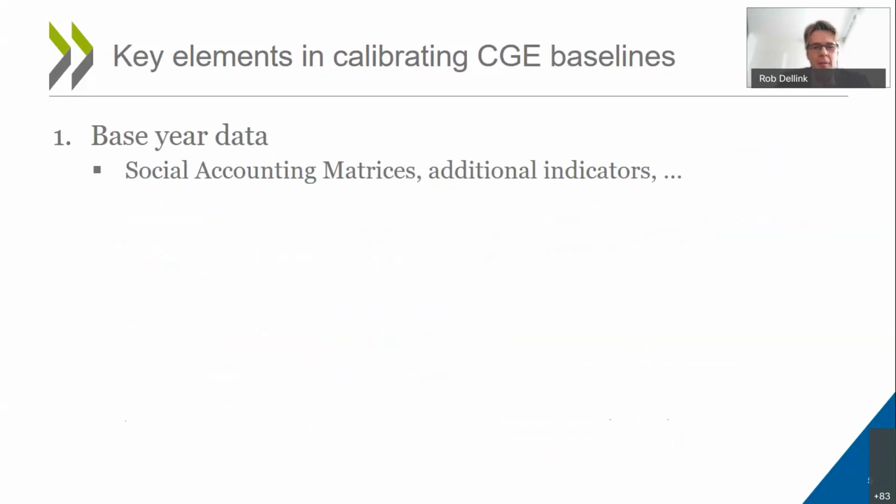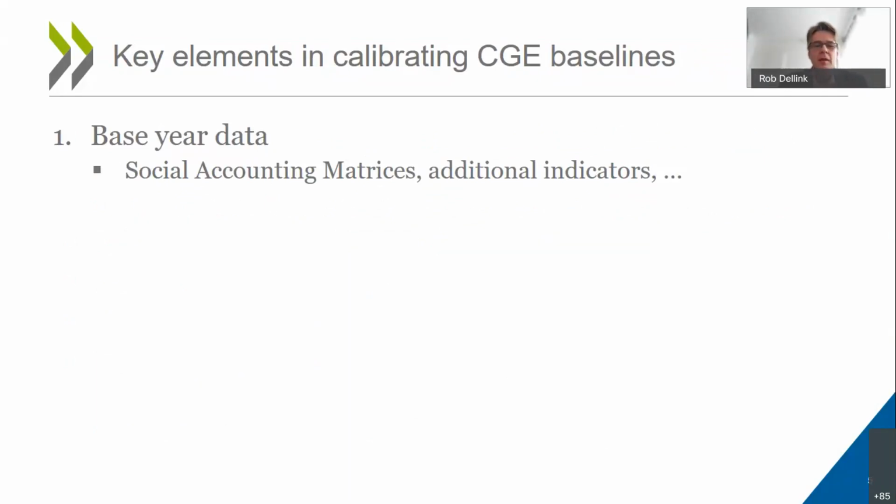So what are the key elements in calibrating CGE baselines? Well, first and foremost, of course, you need base year data. Any CGE model needs base year data, and most of us, I guess, are using the GTAP database, but of course there are other databases out there as well. But what you need is a social accounting matrix.